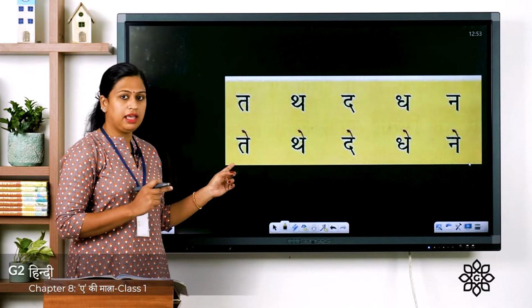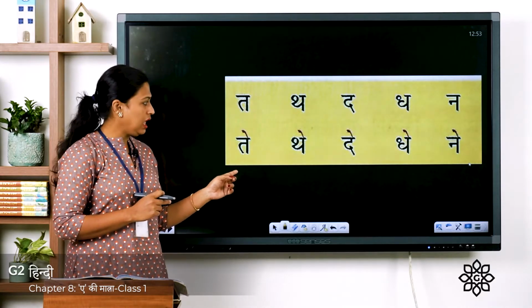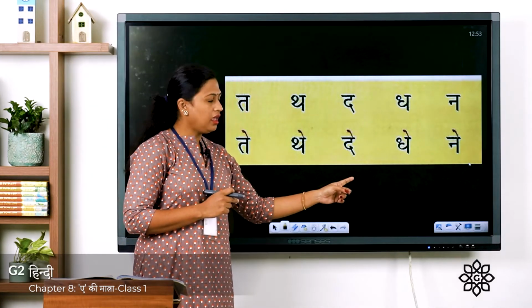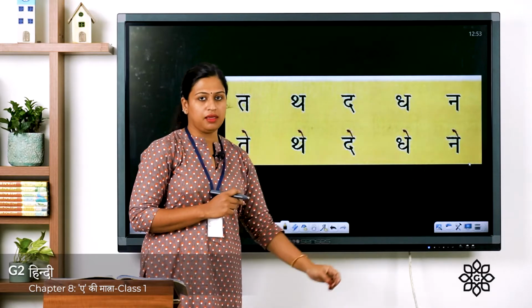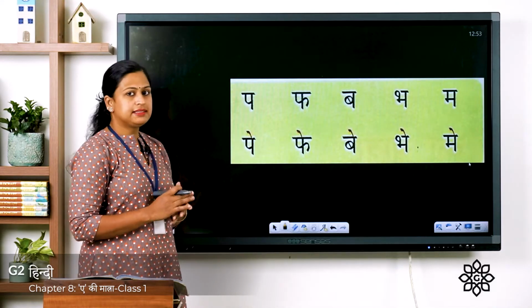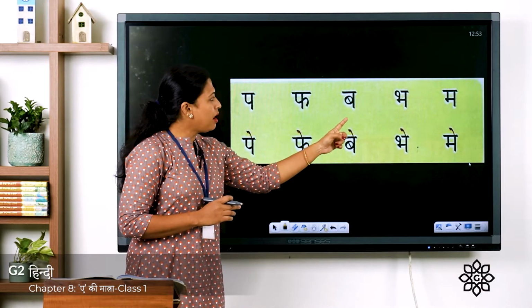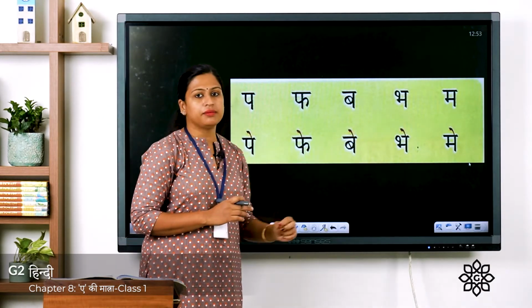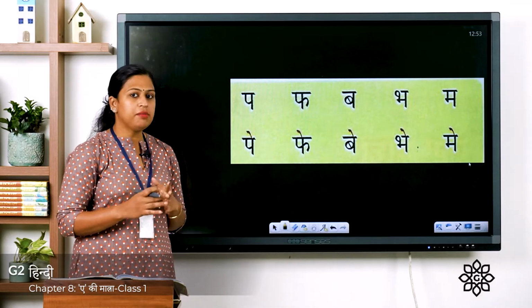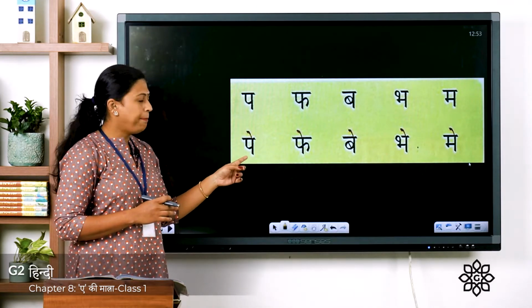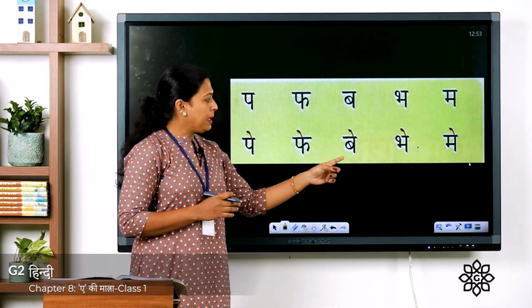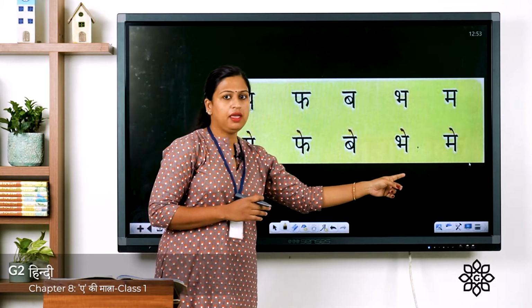And when we add A ki matra, it sounds Te, The, De, Dhe, Ne. Now next set of Vyanjan letters: Pa, Fa, Ba, Bha, Ma. And when we add A ki matra, it sounds Pe, Fe, Be, Bhe, Me.